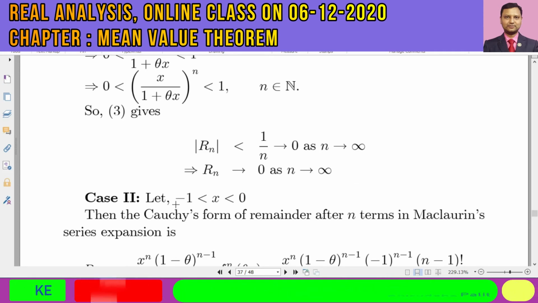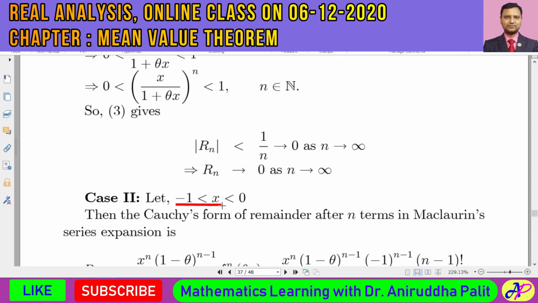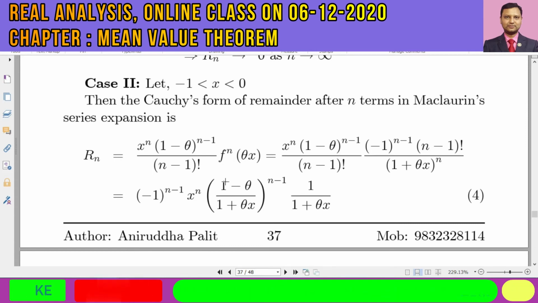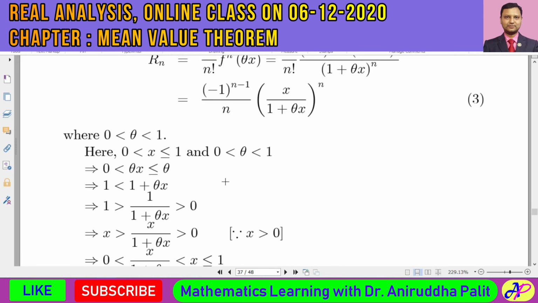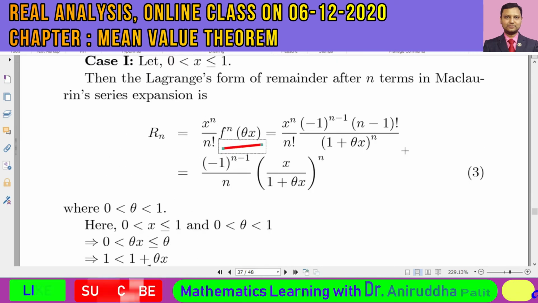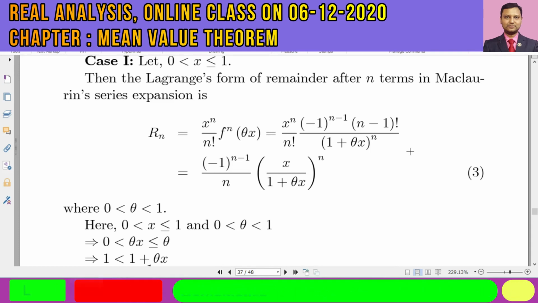Now we consider the second part, when x is a negative number and greater than minus 1. In this case, if we consider the Lagrange's form of remainder, it would be a bit difficult for our computational manipulations.